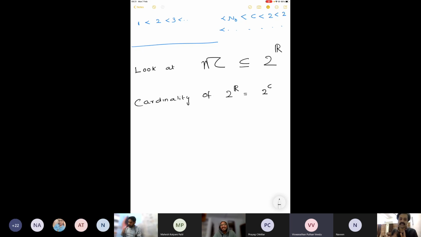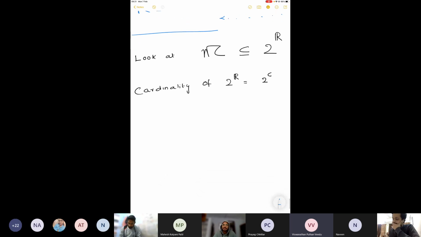It is not C. It is greater than C. 2 power C. Now I want to see what is the cardinality of M. How do I do that? Of course, it will be less than 2 power C. That is clear. Clearly, the cardinality of M, being a subset, is less than or equal to 2 power C.